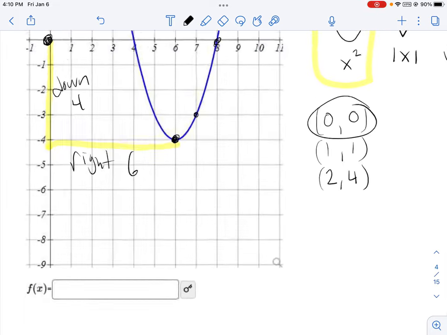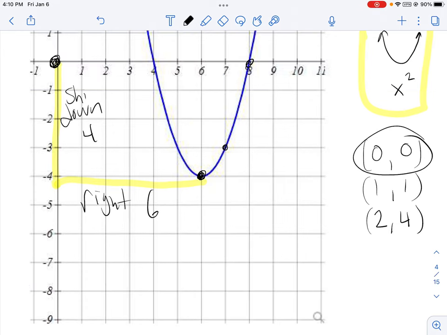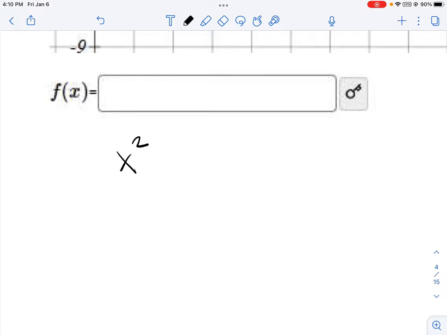So it's alright. So now we know what we need. We had two shifts. It shifted down 4 and it shifted to the right 6. Now shifts are an addition or subtraction. Those are the operations for shifts in a function. So I'd say, okay, we have x squared, that's what we start with, and now we have a shift down 4.